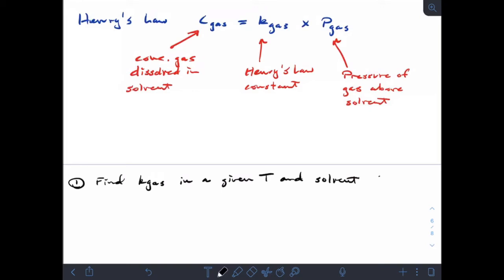Okay? And we do this from known values. So known solubility and known pressure of gas.